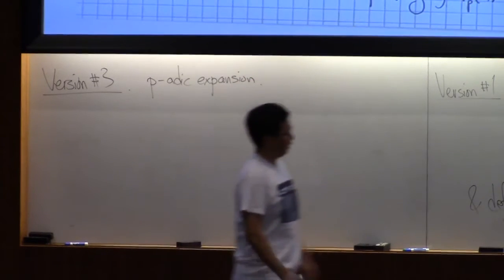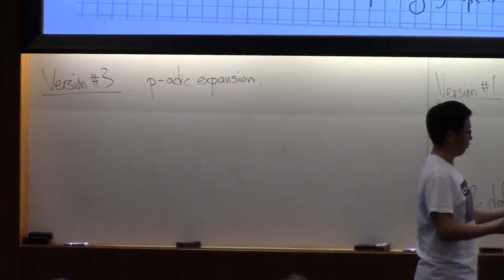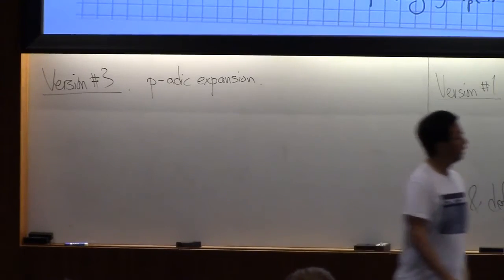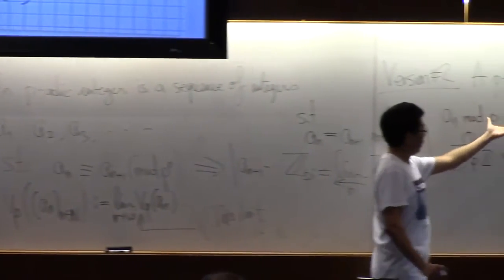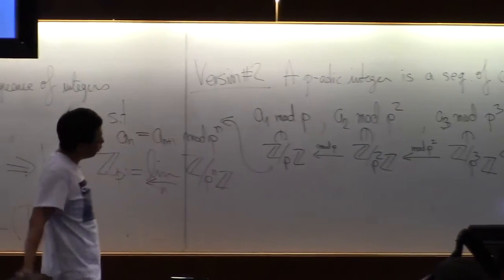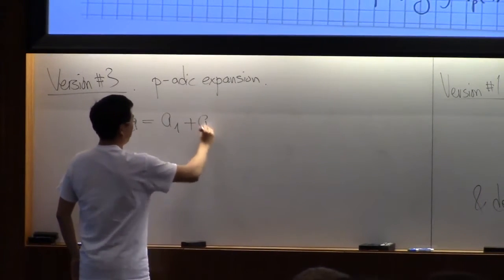And also, the sequence over here is not so unique. Maybe two sequences will give you the same number. And over here it gets unique, because you will know what this number looks like modulo p to the n. And so you want to put them together for all the information, written as follows.